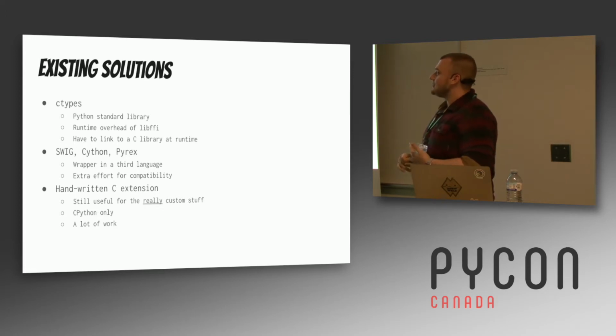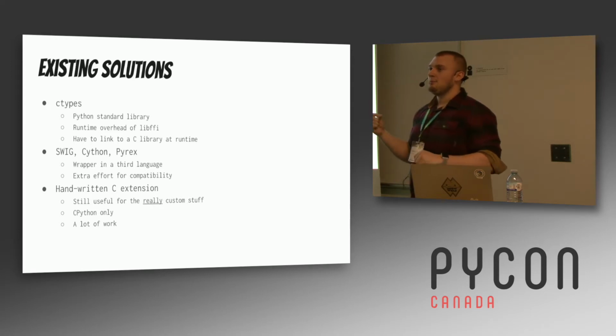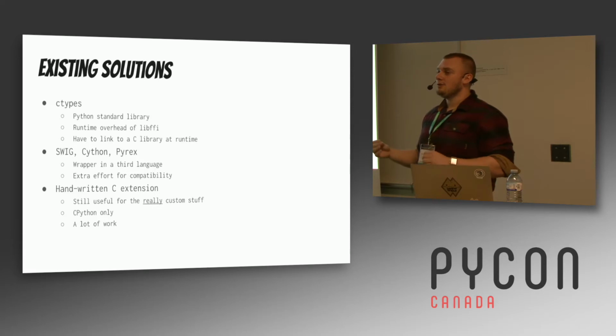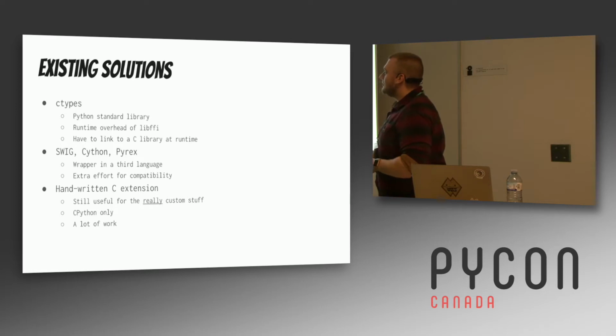And you actually have to link it to that C library at runtime, which can be tricky in a cross-platform environment, and it means you actually have to use libFFI, which basically means every function call that you make, there's a slight runtime overhead, because it has to sort of find that function and do dynamic conversion of different types. So ctypes is a little bit slower and a little bit more verbose.